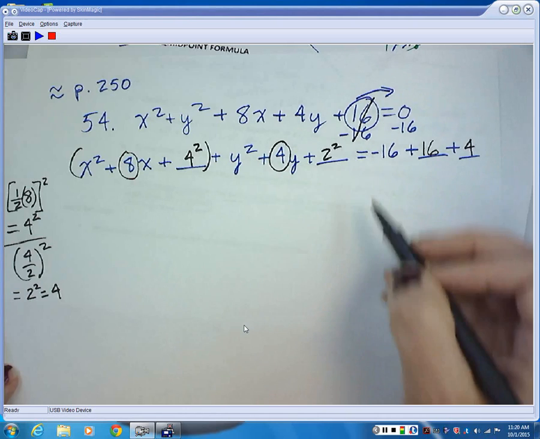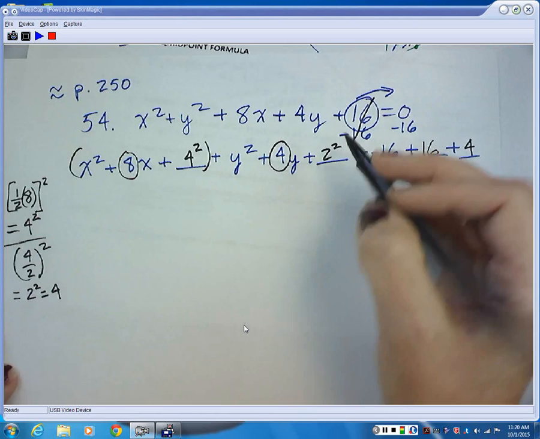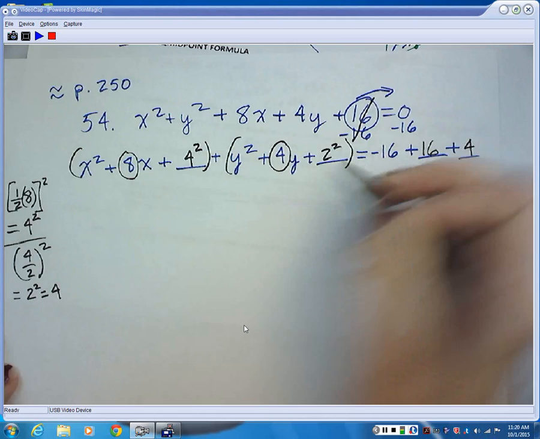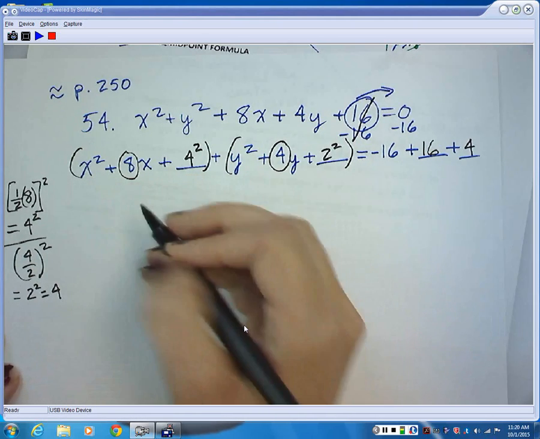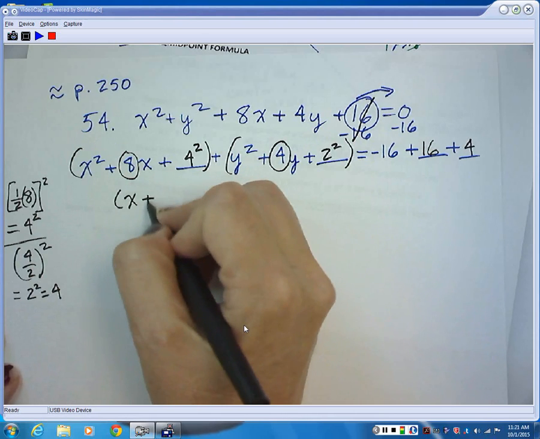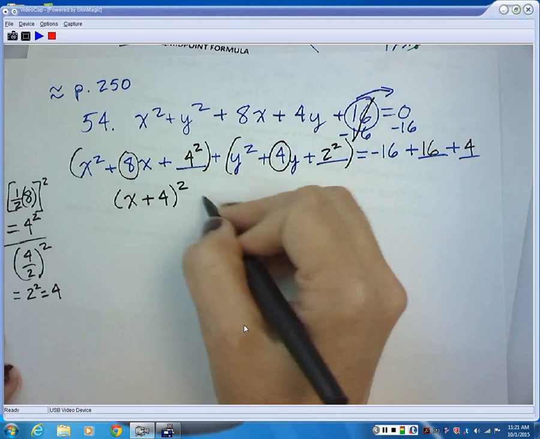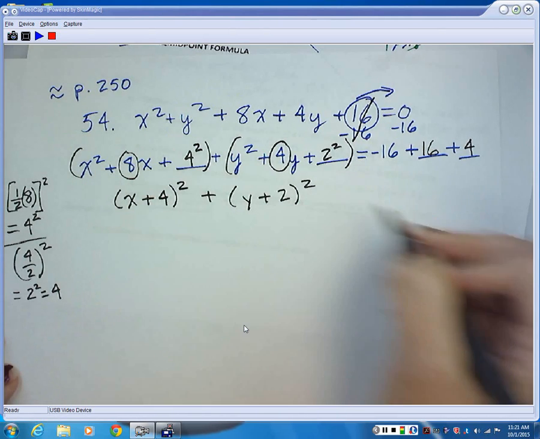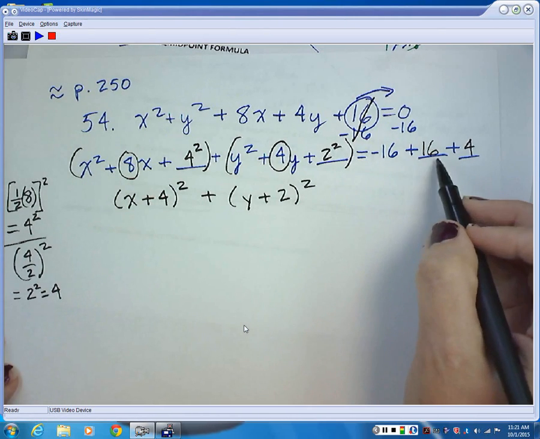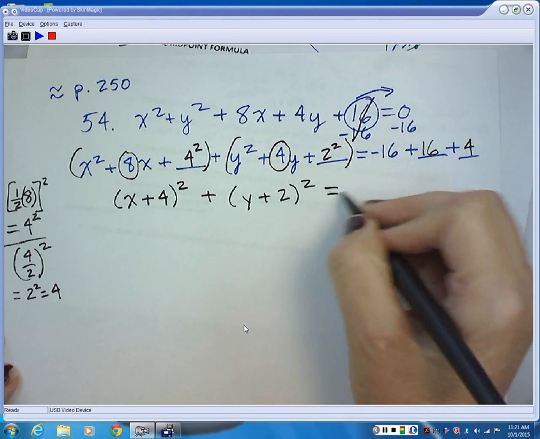You could also write 4 and 16 over on this side, but this tells you how you need to write this now. It's x plus 4 squared, y plus 2 squared, and then minus 16 plus 16 is 0, plus 4 is 4.